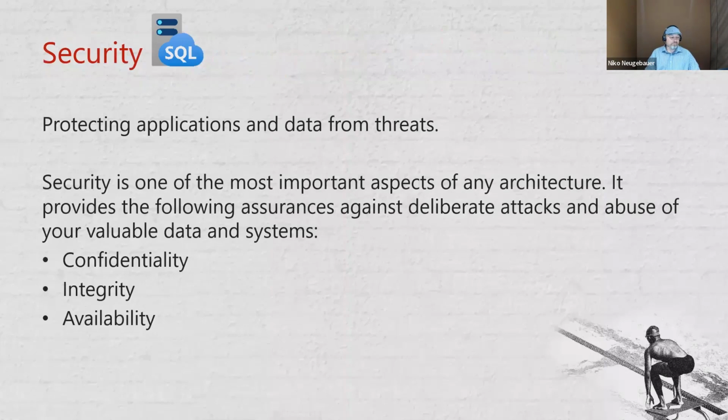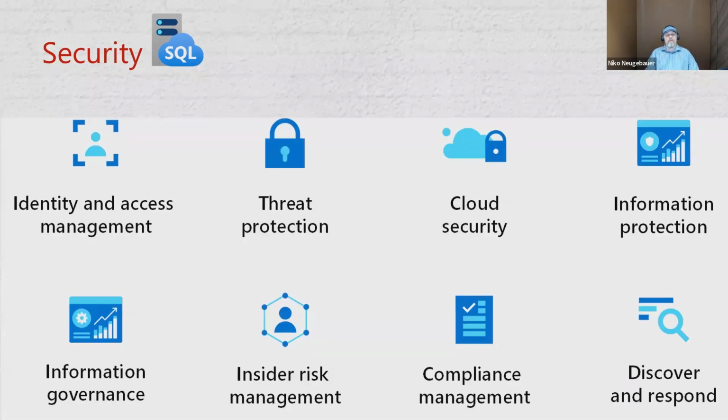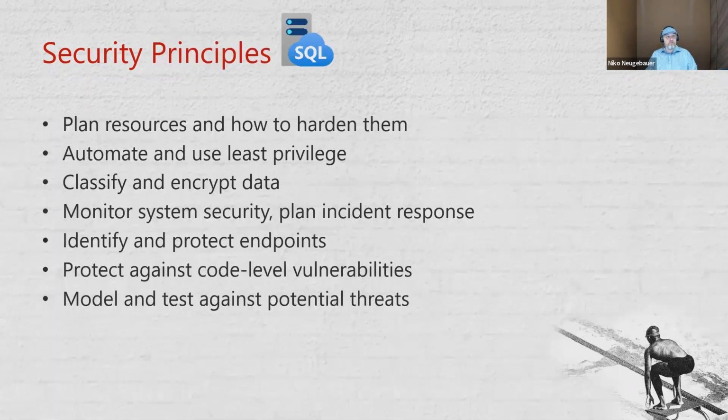Security: confidentiality, integrity, availability. Public cloud means you need to be careful about the access. You need to protect. Microsoft gives you a huge amount of tools, the threat protection, the governance, the policies that you can apply by default and enforce so nothing wrong with the design can be implemented.